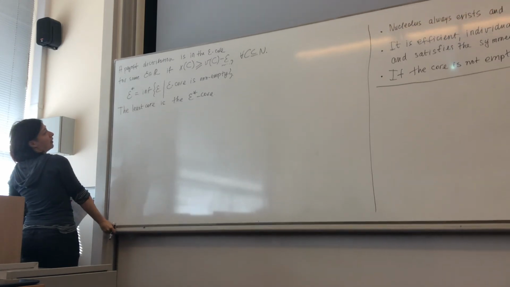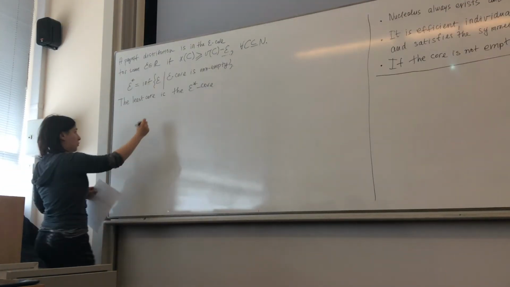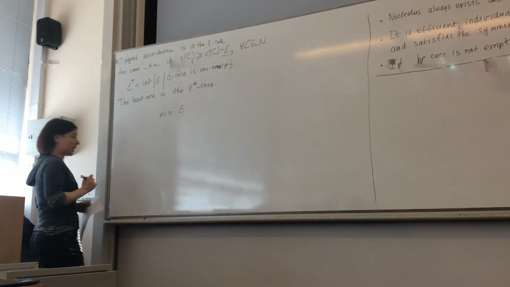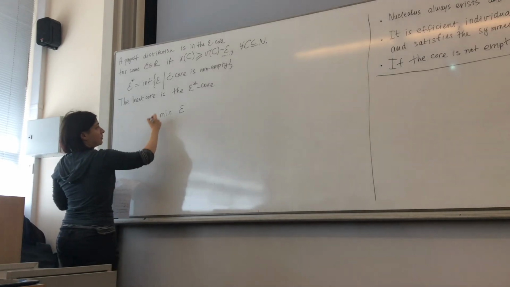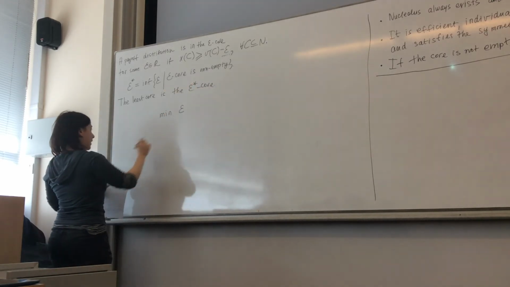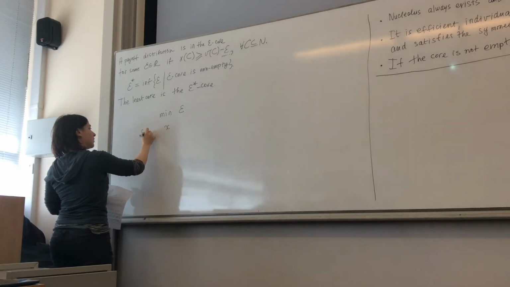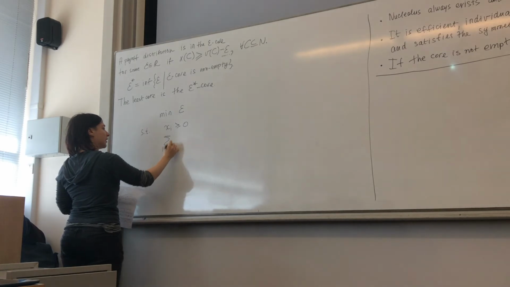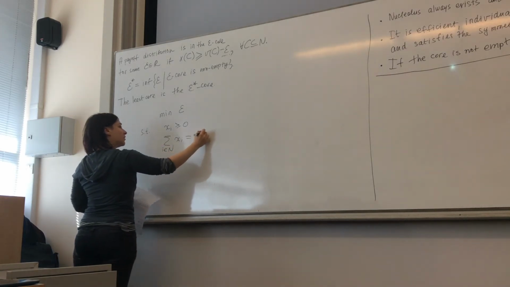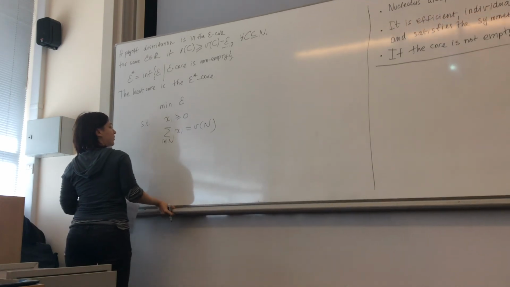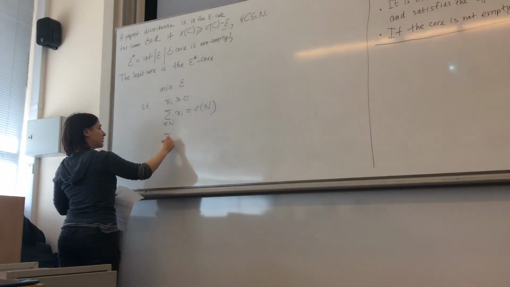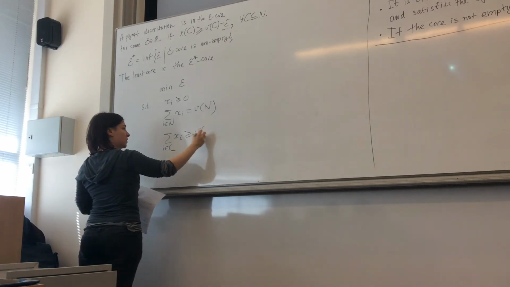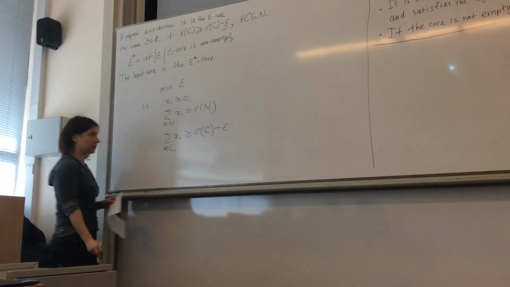And we can find it by solving a linear program, right? So we want to minimize this value of excess so that the epsilon core is non-empty. So we have the imputation, each one gets a non-negative payoff, the sum of payoffs is exactly the value of the grand coalition, and for each coalition of players we get that their total payment is greater or equal than the value minus excess, minus epsilon.